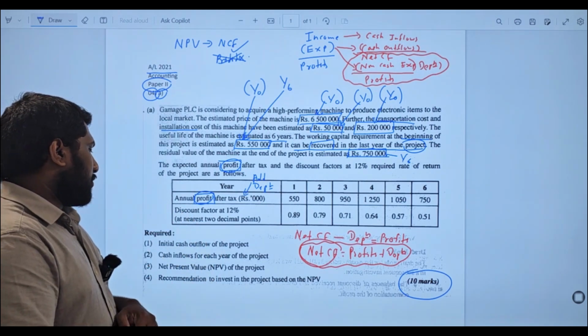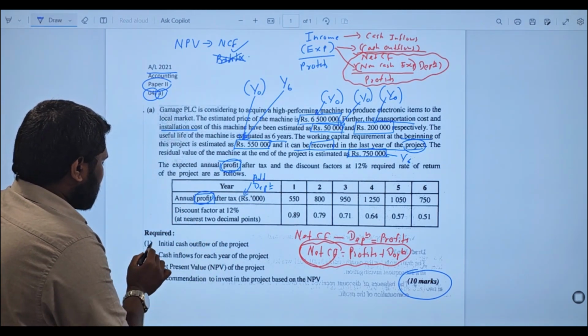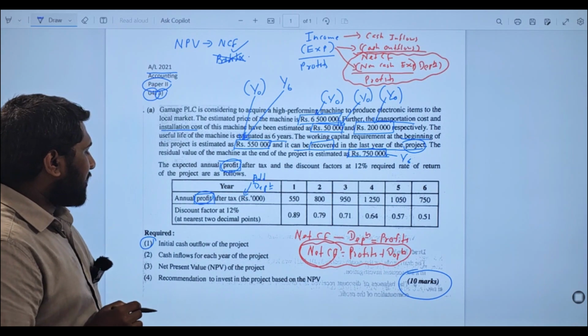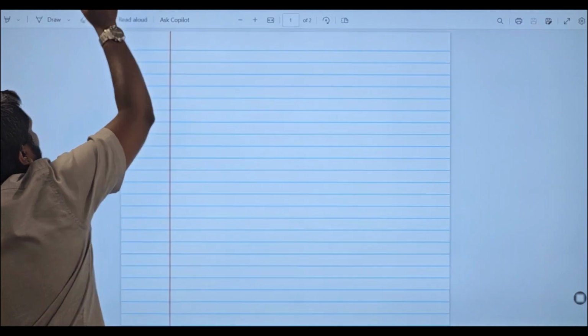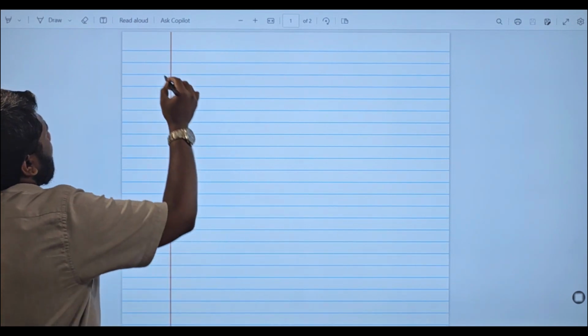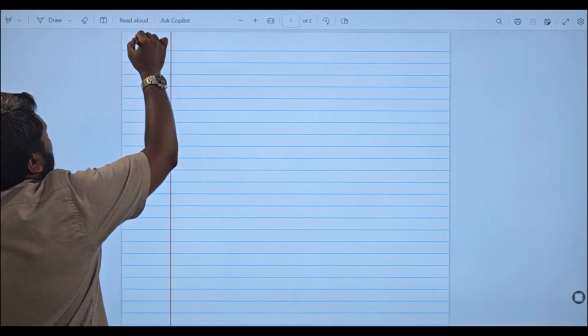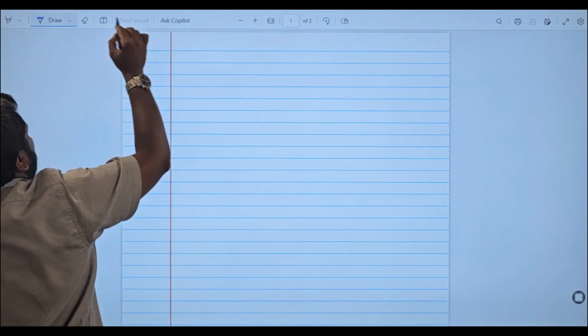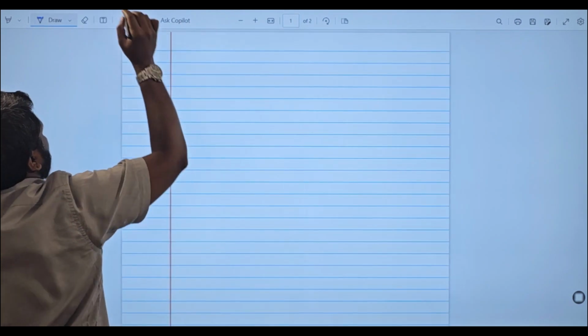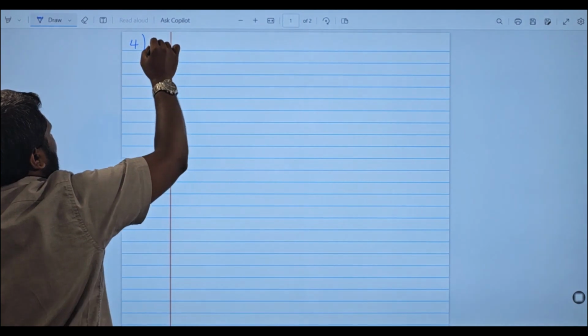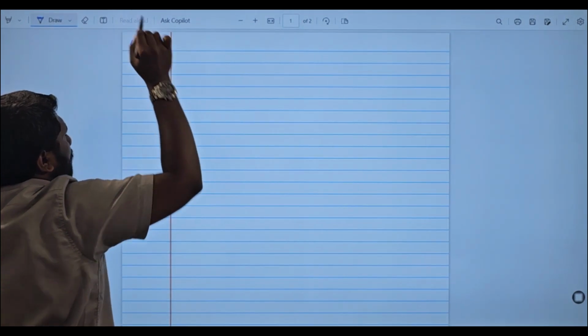Fine. The first requirement they are asking is the initial cash outflow of the project. Let me go to the answers. Here I'll write question number 4, part A, under that 1.